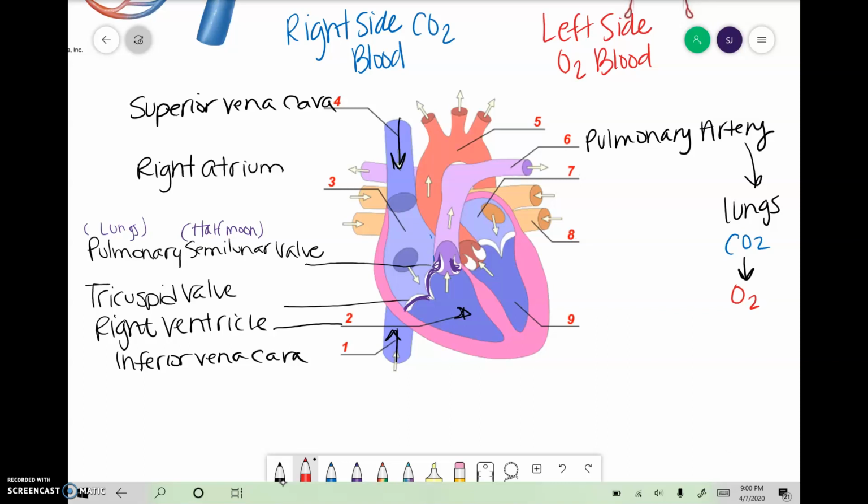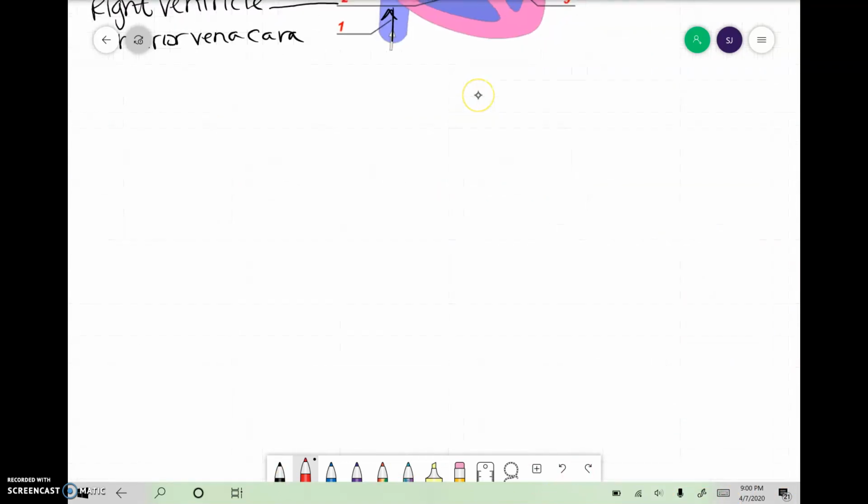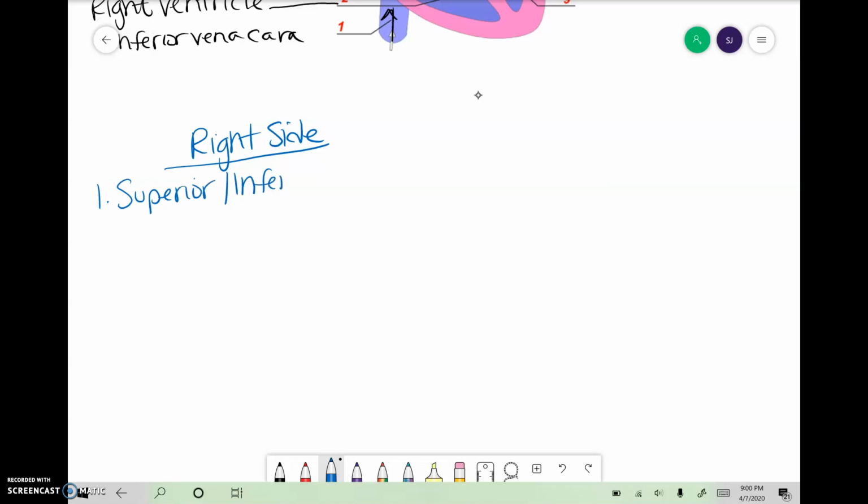Okay, so just to give you a review, and I'm going to move my screen down and kind of give you a list. So if we are tracing blood on the right side of the heart, okay, it starts with the superior and inferior vena cava.